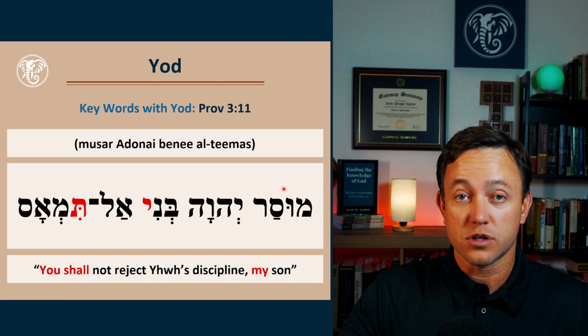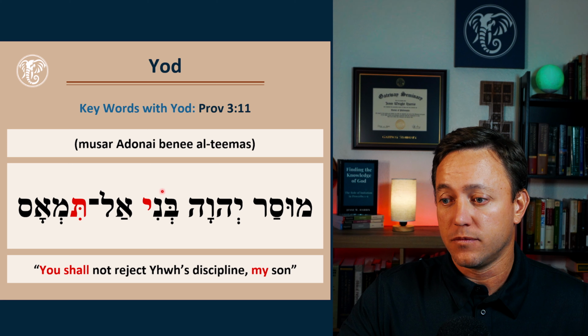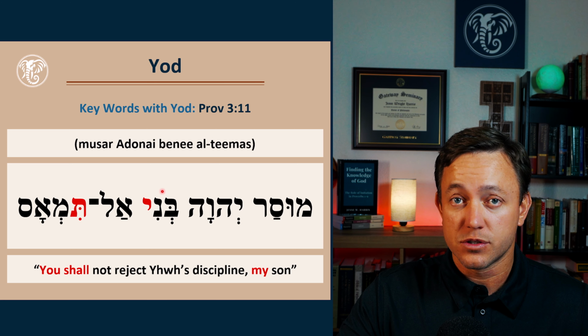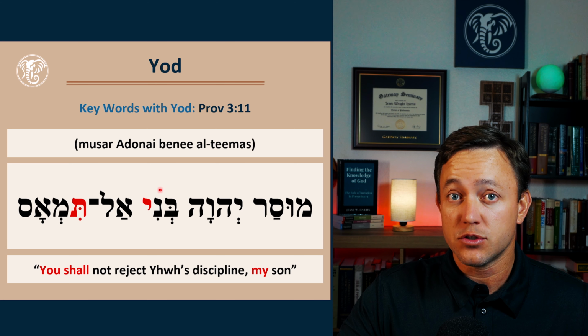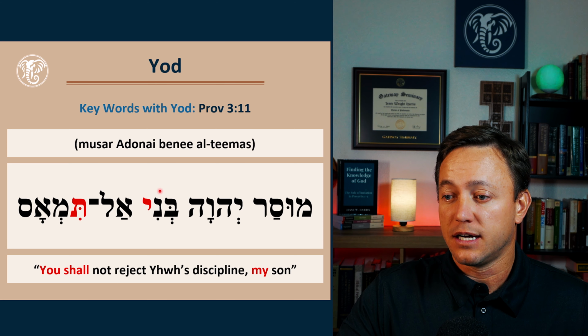So guidance or teaching of the Lord, or from the Lord. And then Beni, so Ben, son. And then if you remember, the ending "i" added to a word often means my, just like Ka means your. So it means my son. So again, this is that fatherly figure in Proverbs who I believe is meant to sort of emulate or overlay with the Father in heaven.